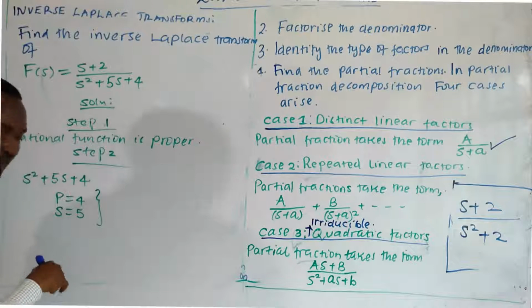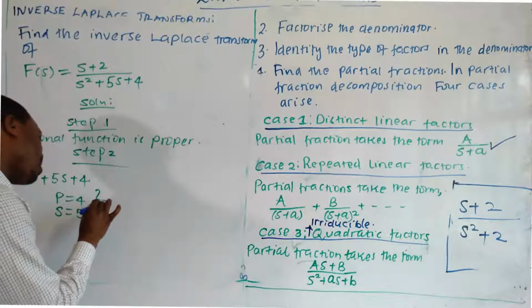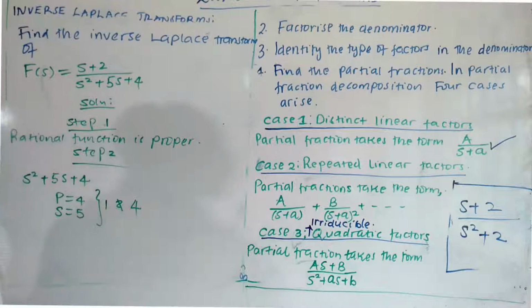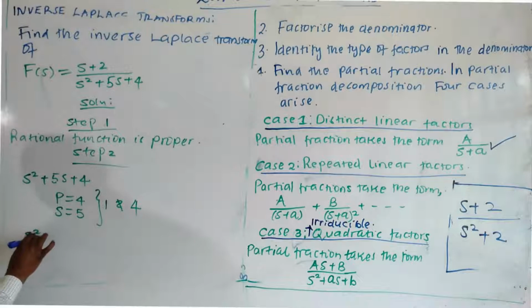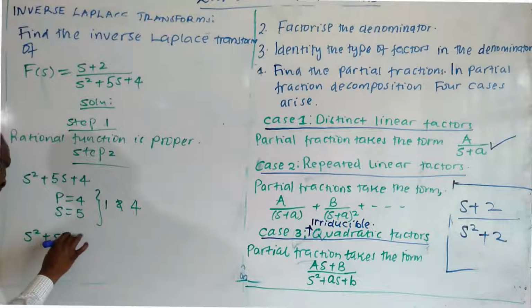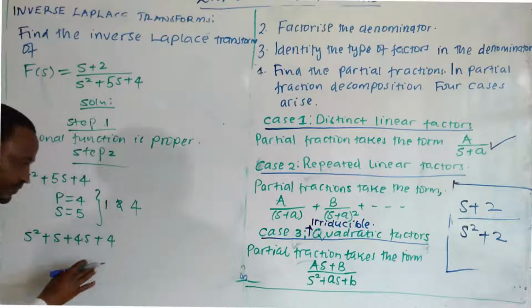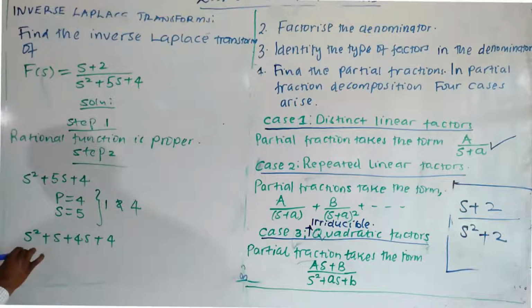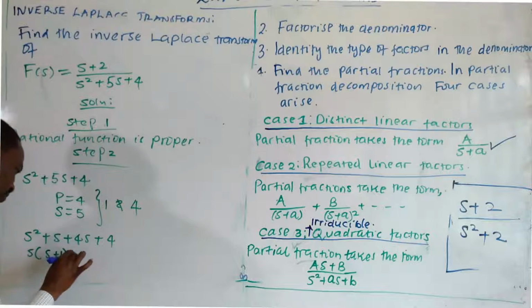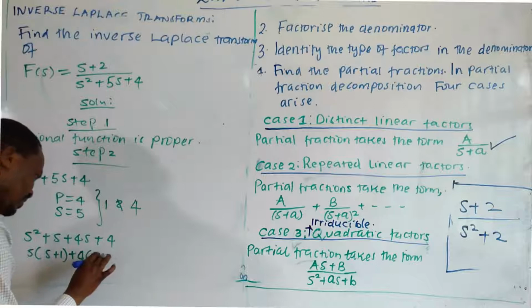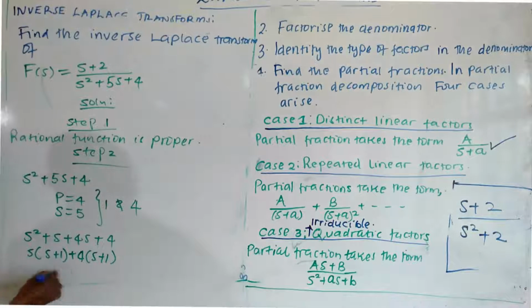To me, the numbers appear to be 1 and 4. So you can now write this expression as s squared plus s plus 4s plus 4. Let us factor out. If we factor out s here, it will be s plus 1, plus, if we factor out 4 here, it will be s plus 1. So now the expression is s plus 1 into s plus 4.